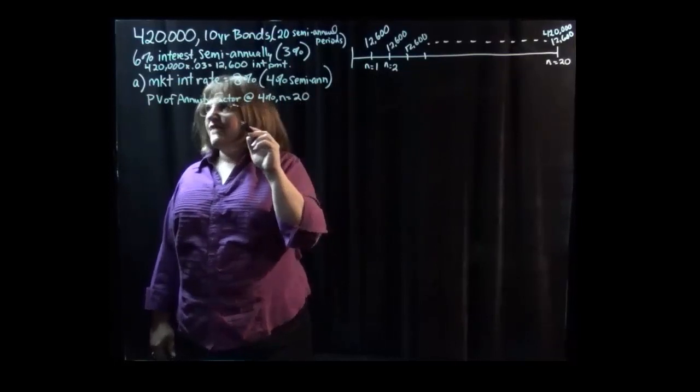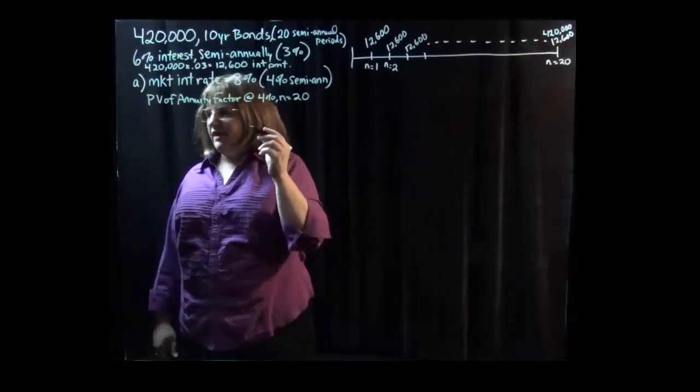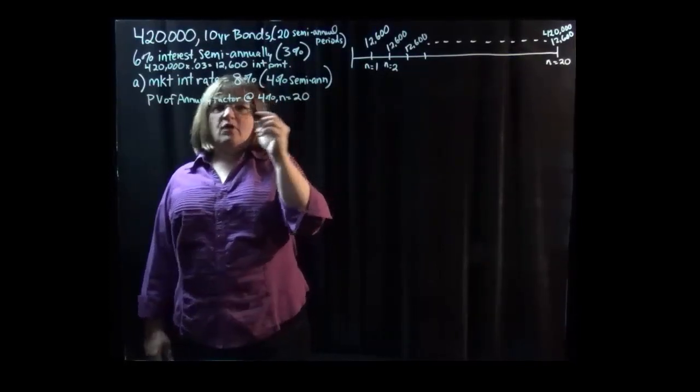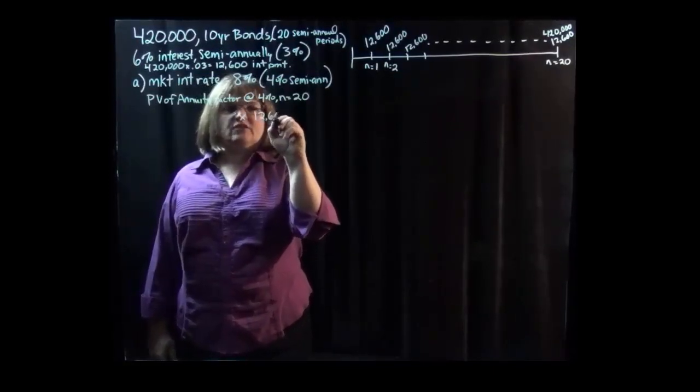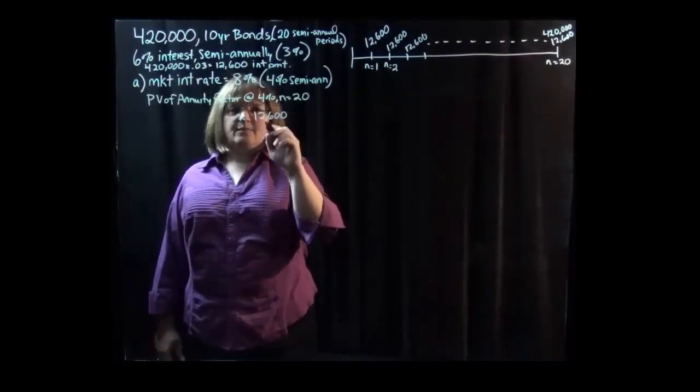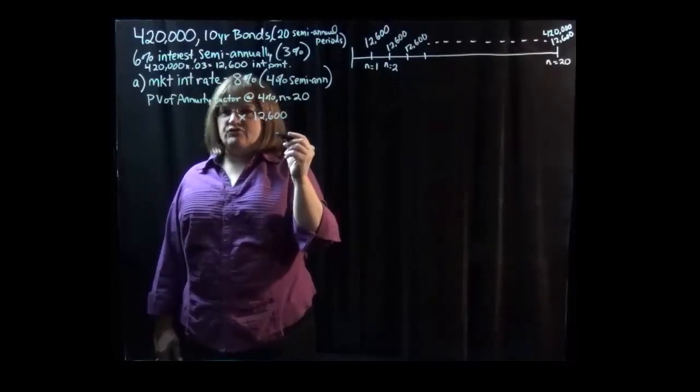If we find that factor from the appropriate present value table, we then can multiply that factor times the $12,600 to get the present value of the interest payment stream.